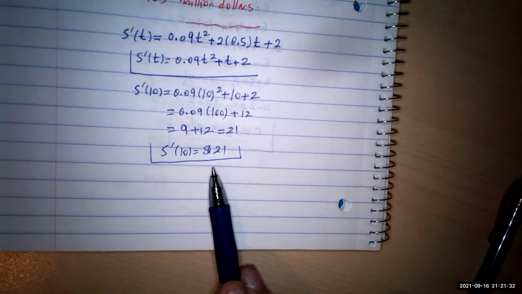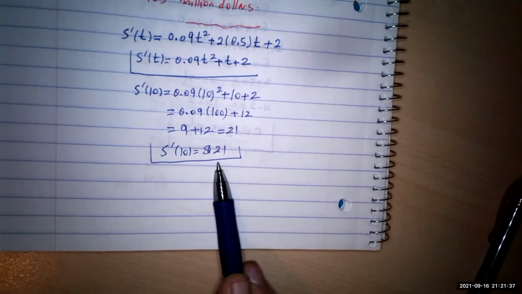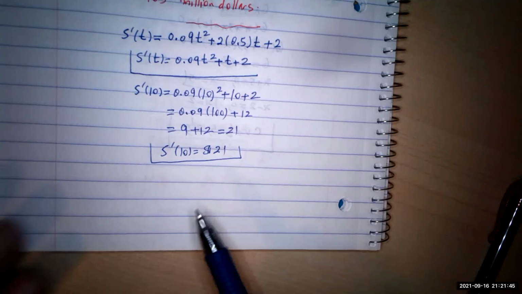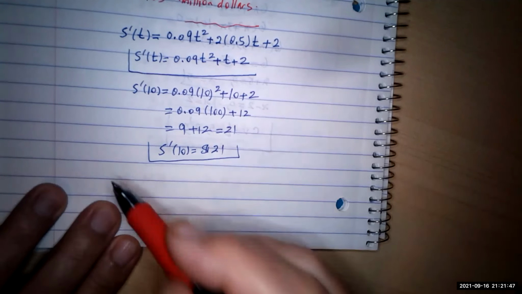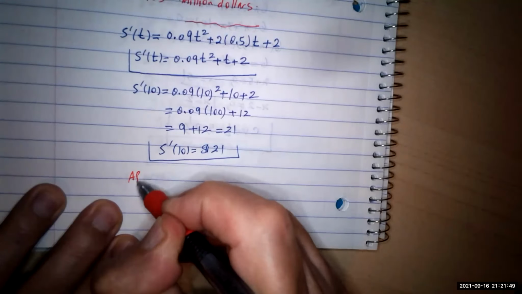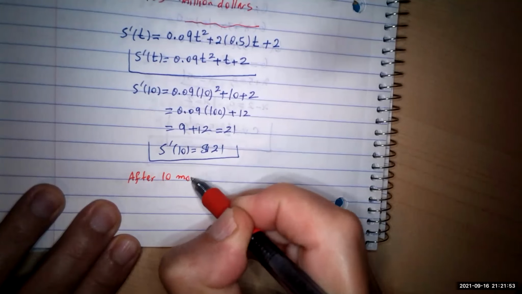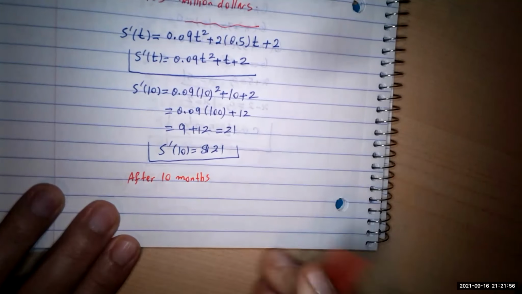How much? What is the rate of the money that you're going to make? You are going to make $21 million per month, if you like, from now on. After 10 months, you have to start with this expression.